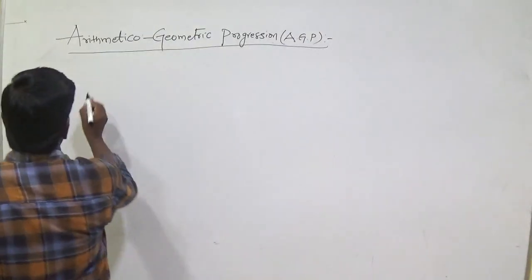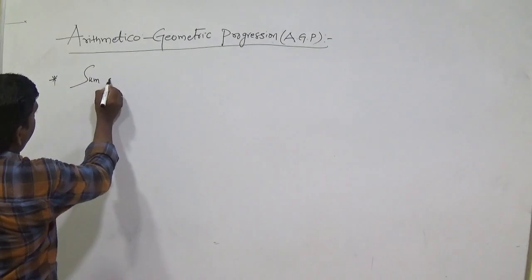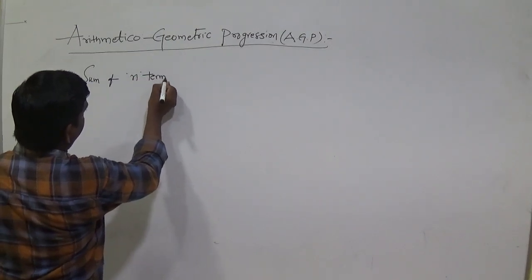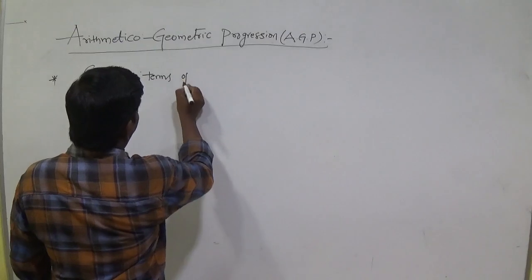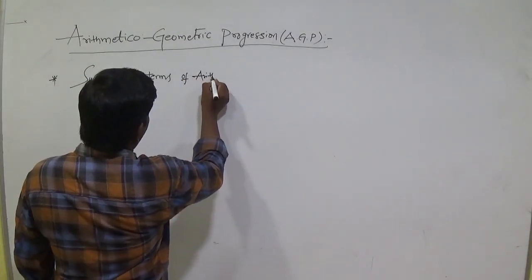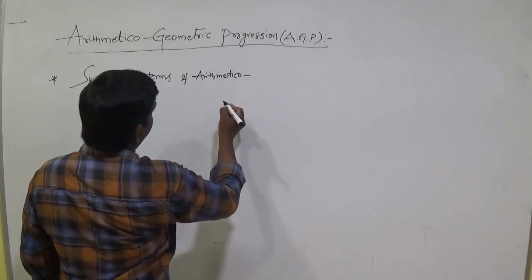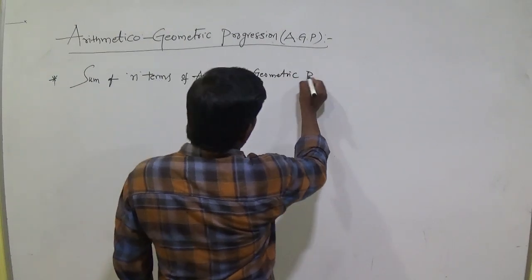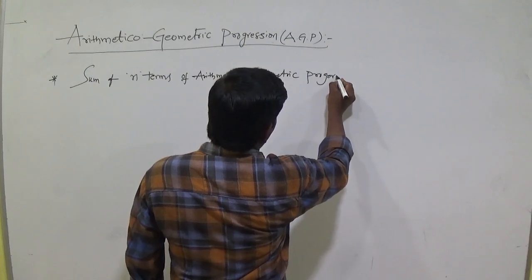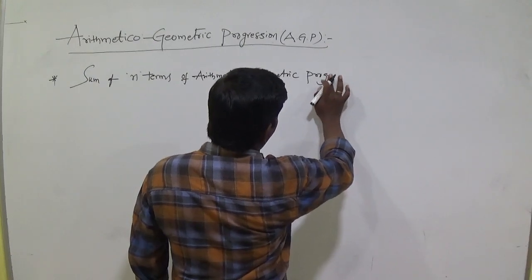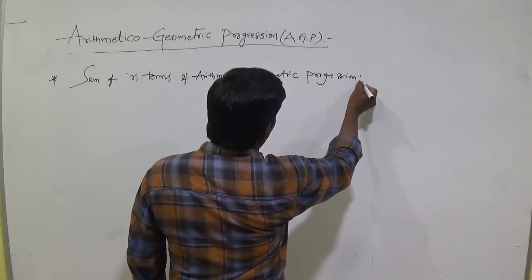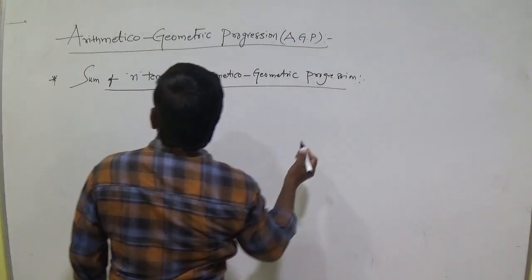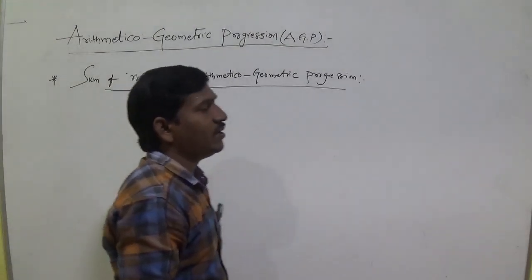The sum of n terms of the arithmetic geometric progression.